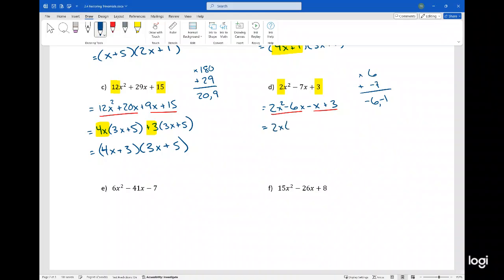That's 2x, x minus 3. And the second part, you'll notice, is a minus x plus 3. I'm going to actually factor out a -1 to get x minus 3. And it's what makes those two brackets then identical. So I then have 2x minus 1 times my bracket x minus 3.